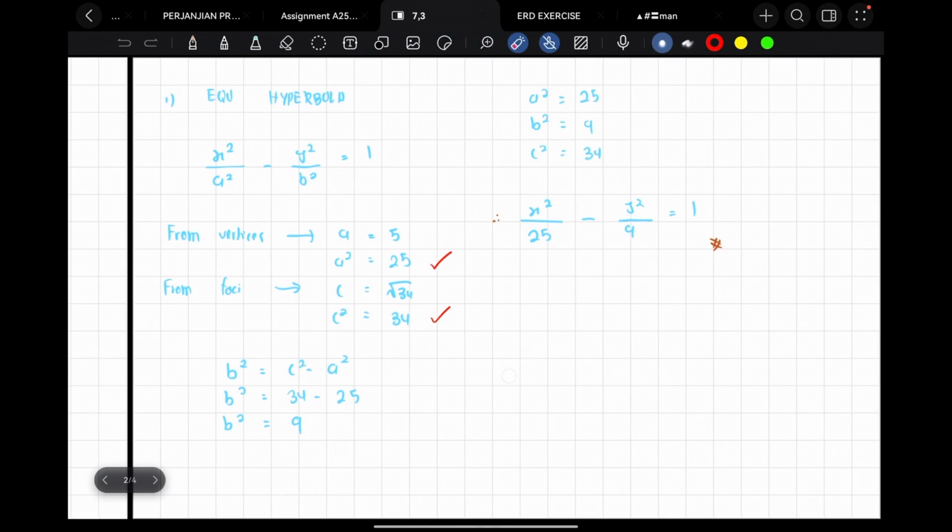So this is the equation for the hyperbola: x squared divided by a squared minus y squared divided by b squared equals 1. First of all, we need to find a squared and b squared. We can get a from the vertices, so a equals 5 and a squared equals 25. From the foci we can get c, so c equals root 34 and c squared equals 34.